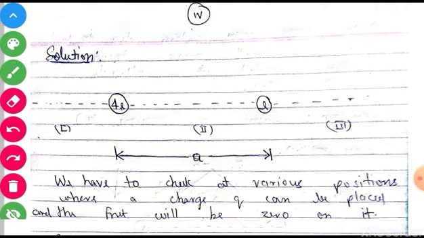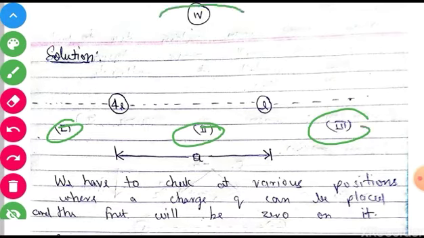Because in the question it has not been given where to put the charge. So first of all, we have to decide where we can put the charge. Our newcomer charge can be put either at region 1, region 2, region 3 or region 4.